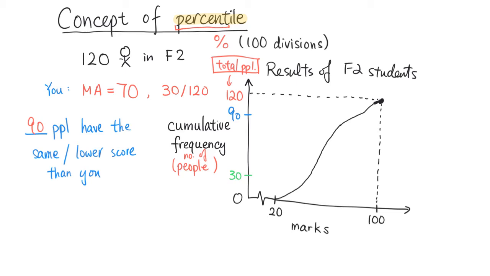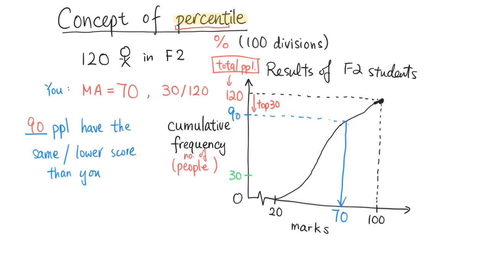When you talk about top 30, you are counting from the top. So actually you are here, at this mark, which should be 70, because you got 70 marks. This is what we learned before.